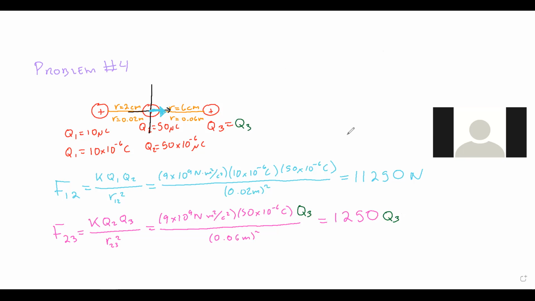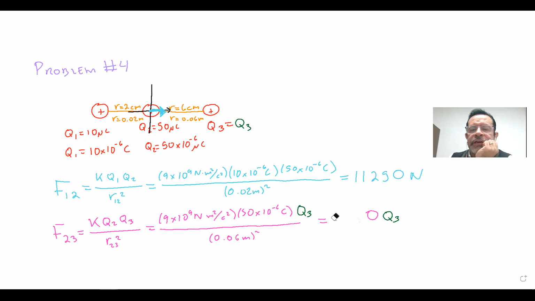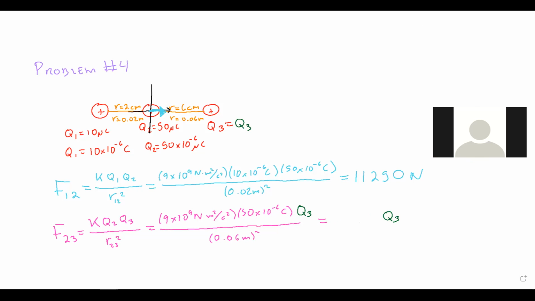Professor, I don't get that. I need to multiply 9 times 10 to the 9 times 50 times 10 to the minus 6, and then divided by 0.06 meters squared. You got a different value? I think 125 million. Yeah, me too, it's in millions.